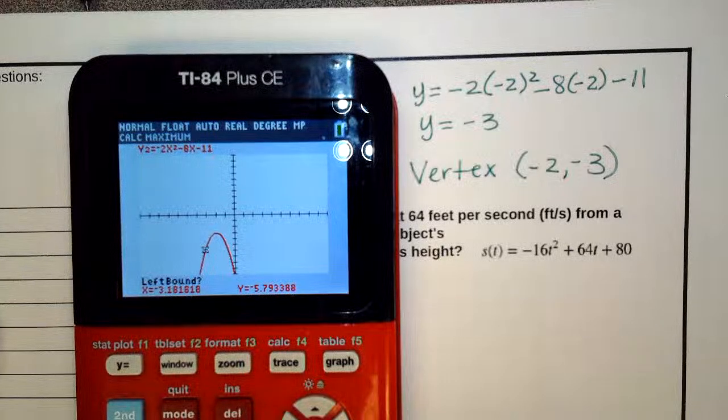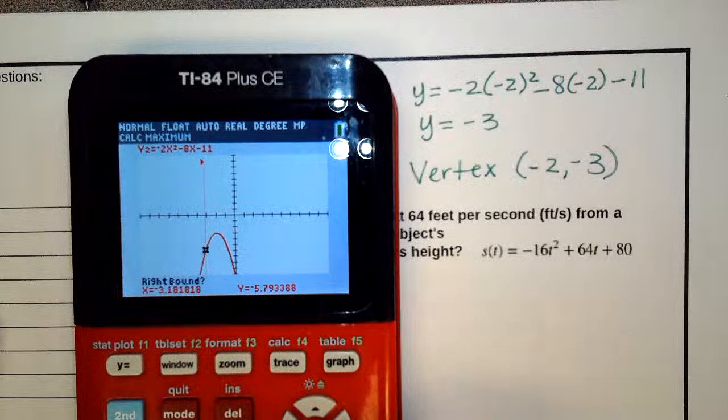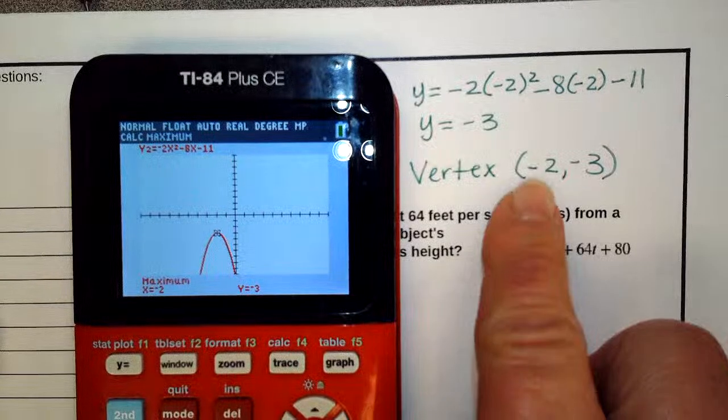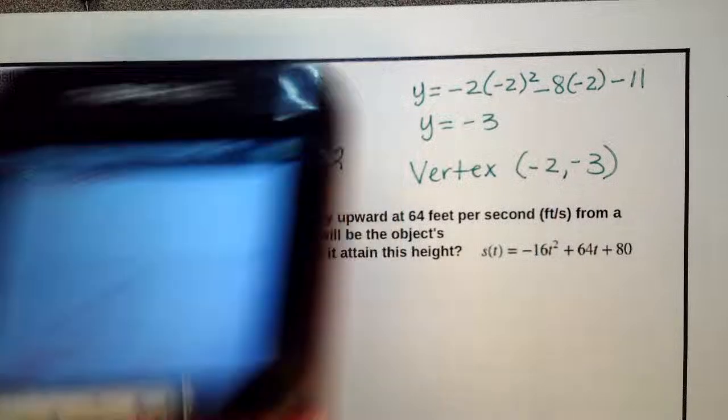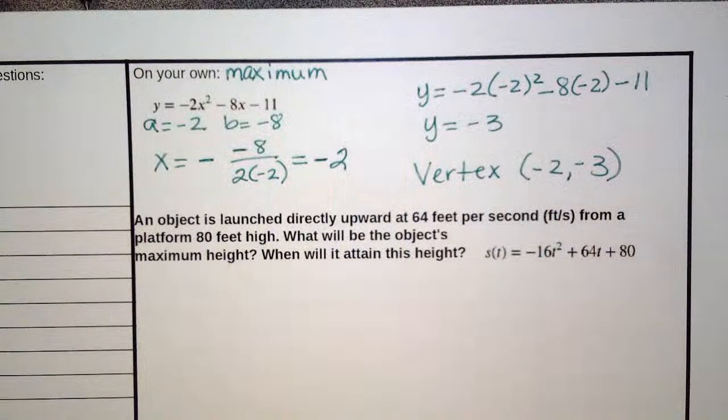Left bound means left side of your point. I hit enter. I go to the other side of my point. I hit enter again. It gives me the guess. I really don't care. When I hit enter a third time, it gives me the point -2, -3. So you can find it by hand and then use the calculator to check, or vice versa.